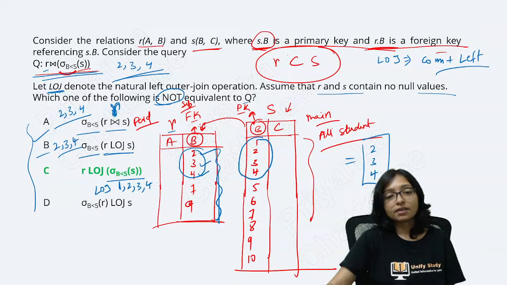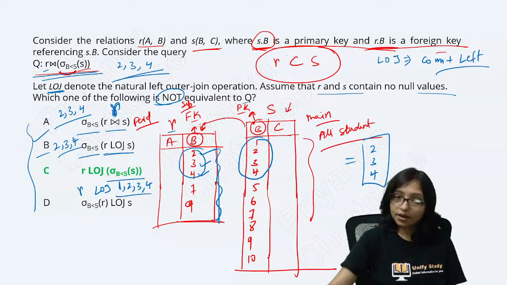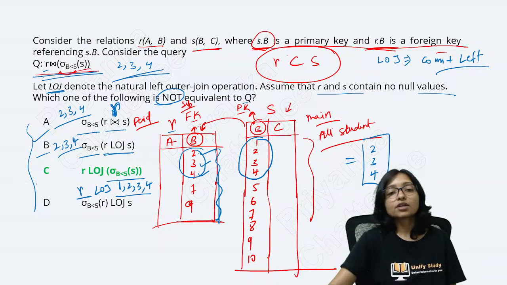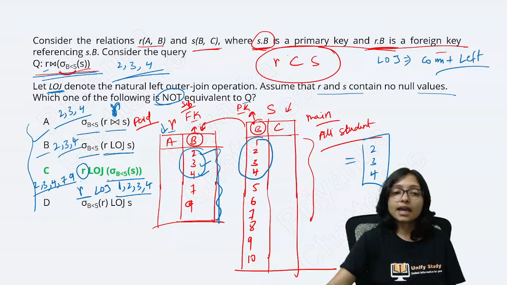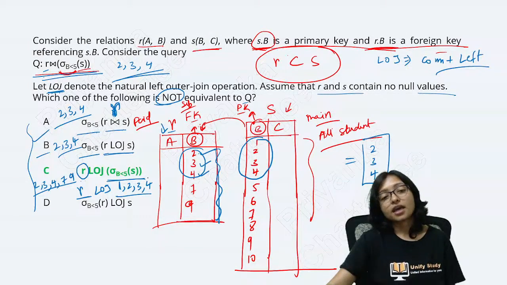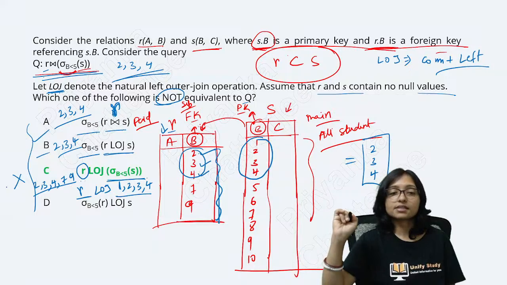After that I am doing left outer join with R. So whatever common part there is, the extra part will also come. So here the answer will actually be 2, 3, 4, 7, 9. All will come, because you are doing left outer join with R completely. And here you are running the query first. That's why it will not come the same.